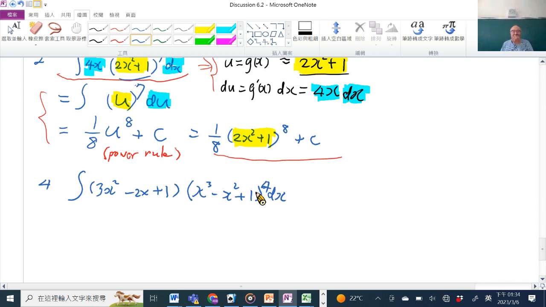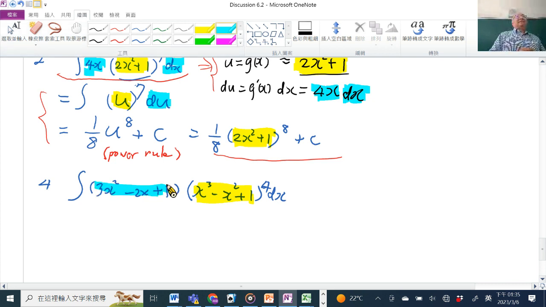Now it seems obvious, at least for this moment, this should be our u, and we hope this will be our g prime.